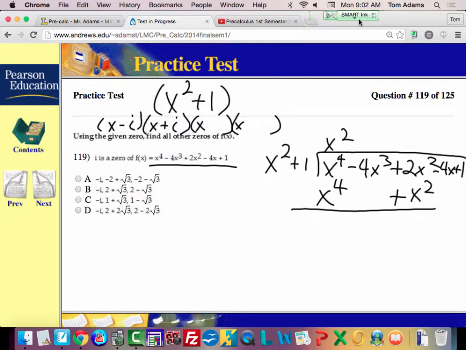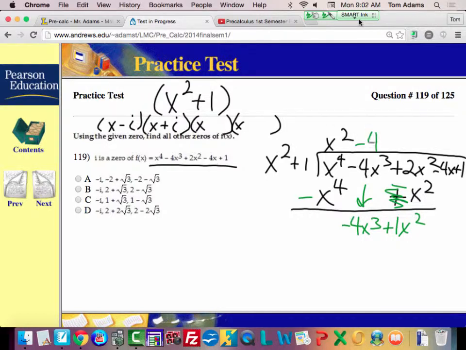Now what I'm going to do is add the opposite, so I'm going to subtract that. This kind of goes away. This becomes 0. I got to drop this down. This is negative 4x cubed. 2x squared minus x squared is just a positive 1x squared. And now I'm going to figure out what I need here.